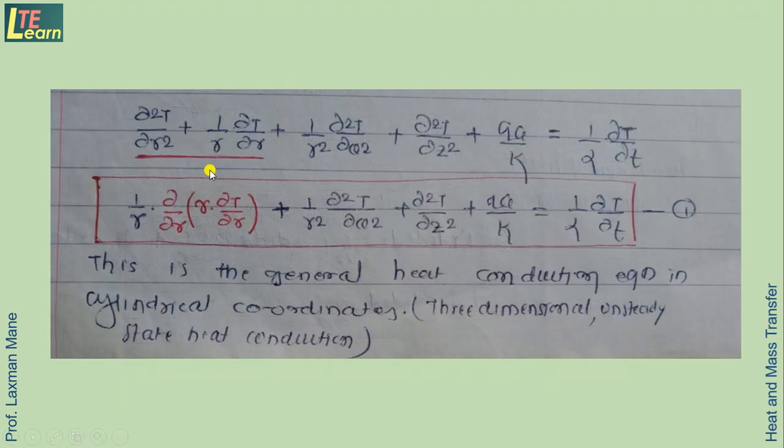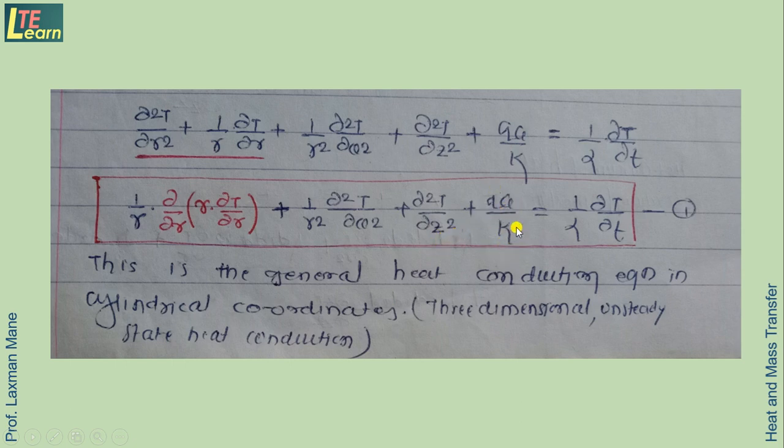Next, we go directly to the final equation, as the mathematical derivation follows the same format. Finally we get the equation: 1 upon r, del by del r of r del T by del r, plus 1 upon r square del square T by del theta square, plus del square T by del z square.